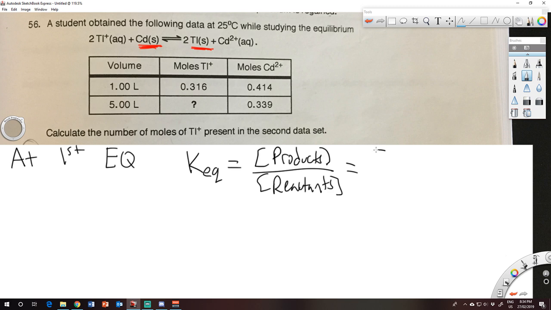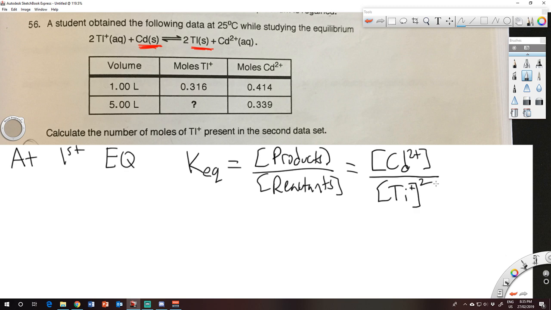So the only thing we need to worry about is the cadmium 2 plus concentration and the titanium? I can't tell. It's either titanium or thallium. If it's thallium, this is gonna really mess things up a little. Well, maybe not. It might not mess anything up because it doesn't look like we actually need the molar mass. We'll say titanium.